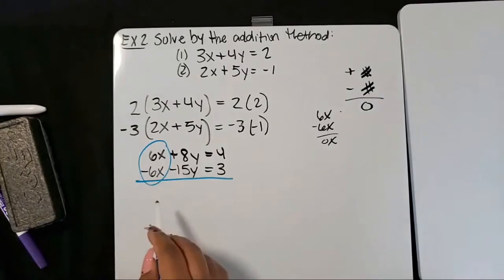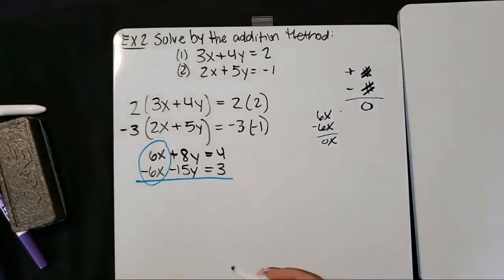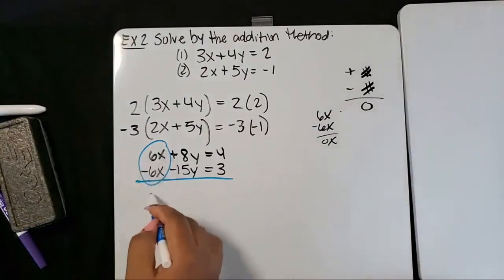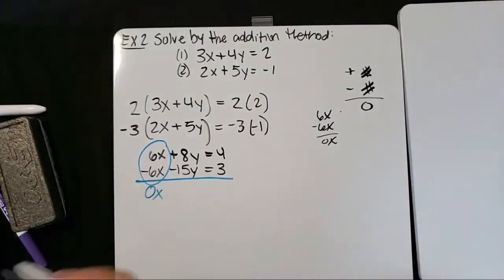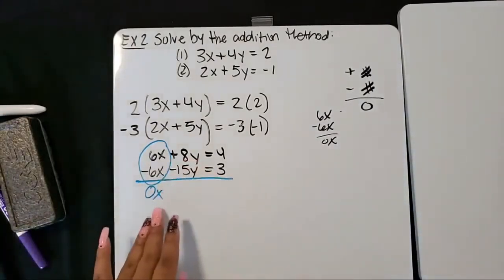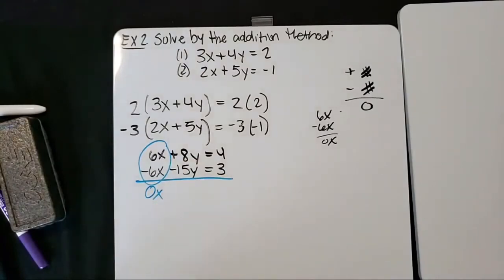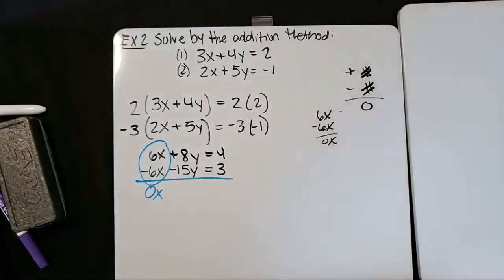Now that we have that in position, we can add these two equations together. So of course, this is 0x, and you guys don't have to write 0x. I'm just doing it because we're just teaching the principle. As we continue, you probably will see me stop writing it. But I want you guys to see what's happening.